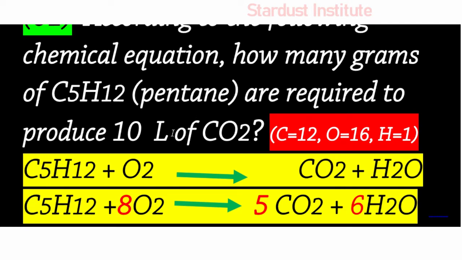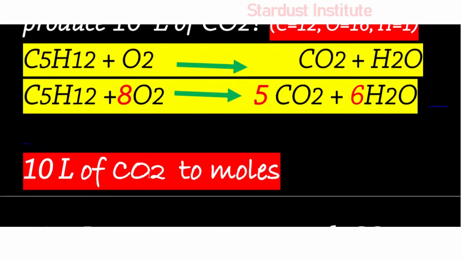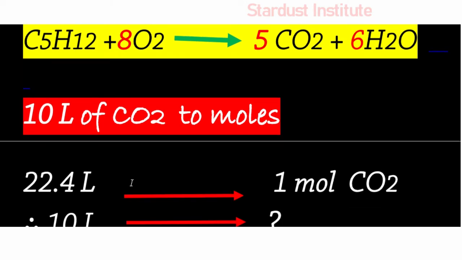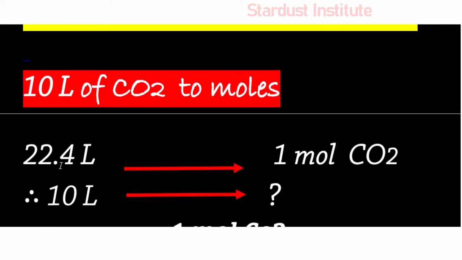Here we need to produce 10 liters of carbon dioxide. First of all, we have to convert this 10 liters of carbon dioxide to moles of carbon dioxide. We know at STP, standard temperature and pressure, in 22.4 liters there is 1 mole of carbon dioxide.